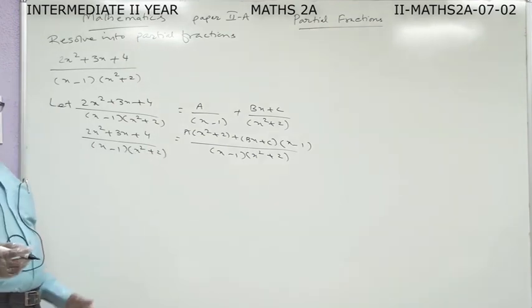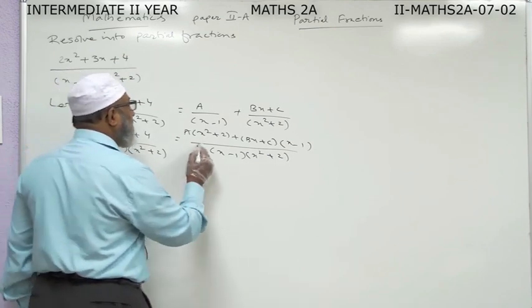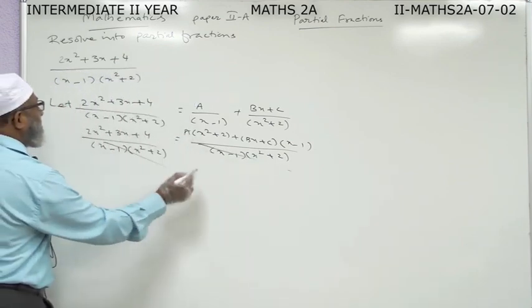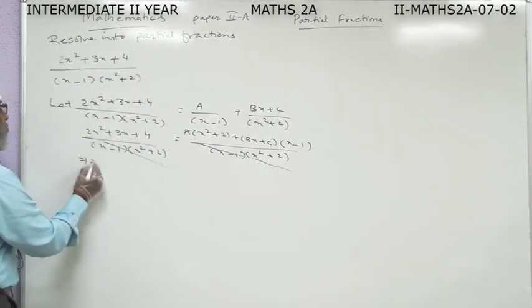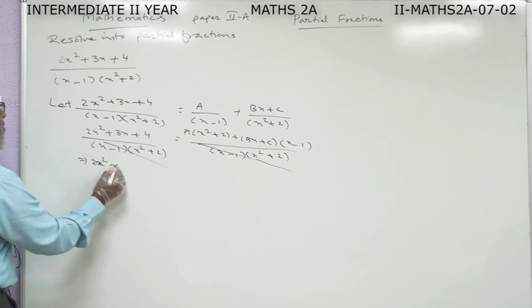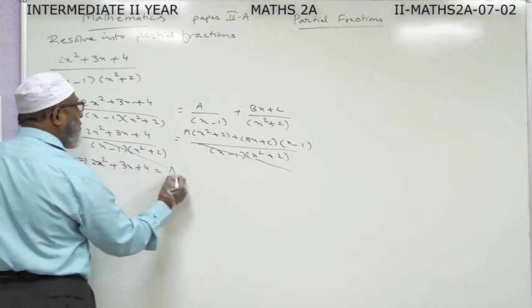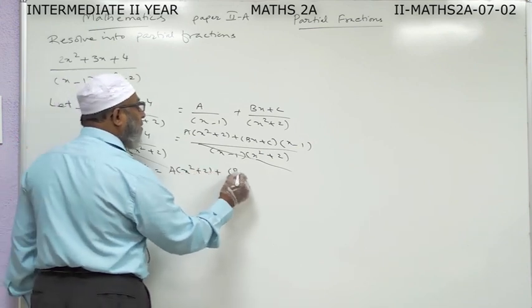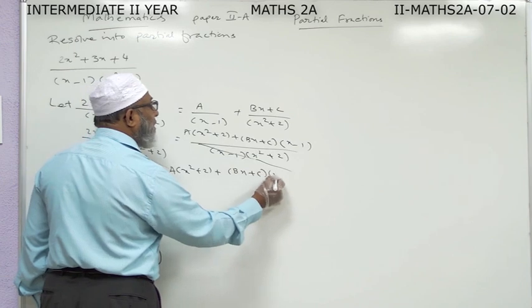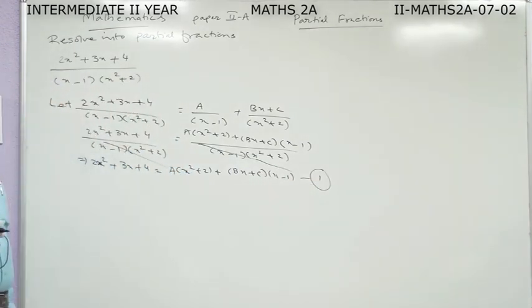By observing, you may see that the denominator of both sides is the same. Therefore, we can cancel this. Now, what is remaining? 2x² + 3x + 4 = A(x² + 2) + (Bx + C)(x − 1). I name this equation 1.